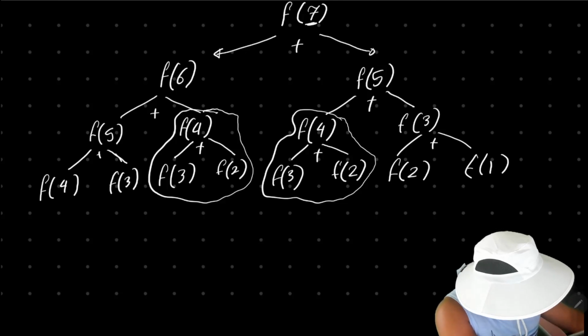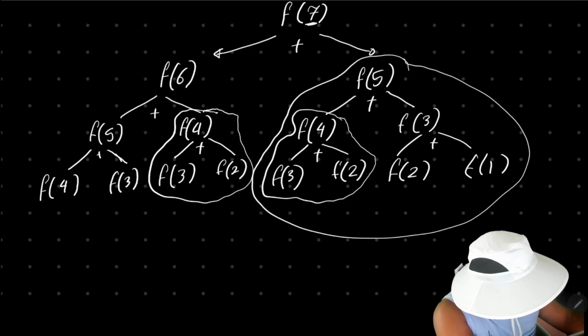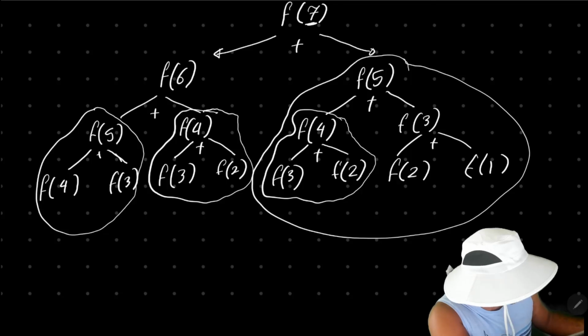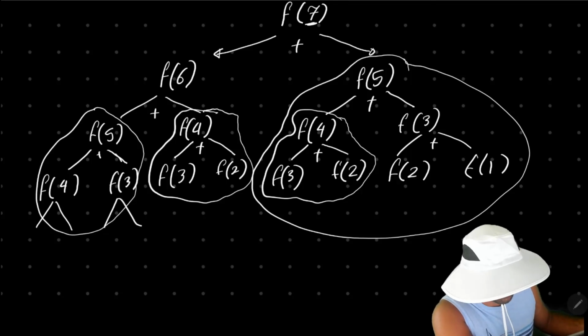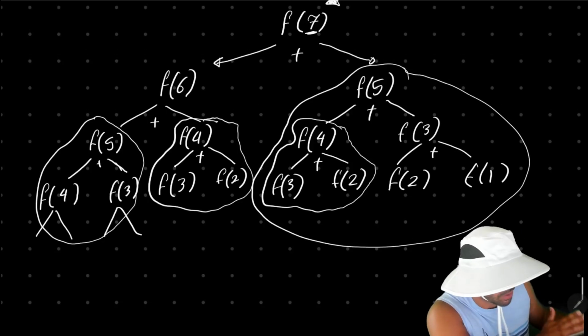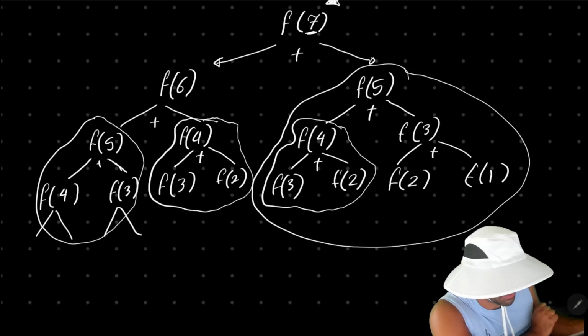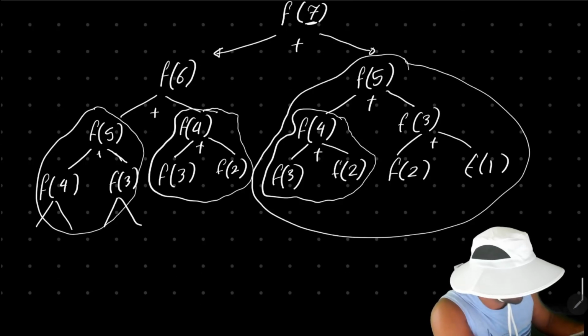Also, if you look at this subtree over here, this is literally the same subtree over here. F of 5, if I keep doing it, it's the same one. So I'm basically redoing the same sub-problem over and over. That's not efficient, and that's not going to let you pass the interview.